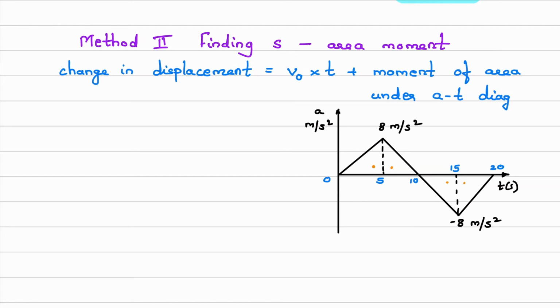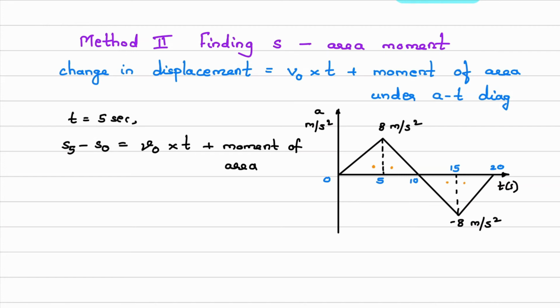Okay, now we can write down at t equal to 5 seconds S5 minus S0, whatever second term is there, you have to take its velocity. So V0 into time, so this time will be 5 minus 0, 5 plus moment of area.